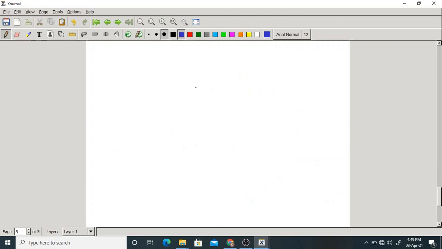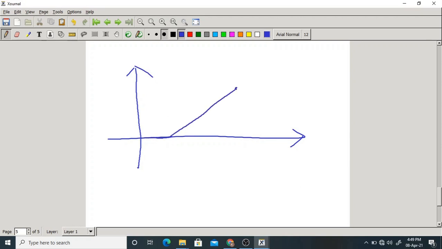Now if you draw this, it would be something like this. Now it is 0 up to a, and from a to b it is a straight line. After that it is something like this. Now this is a, now this is b, this is 1, and what is this?